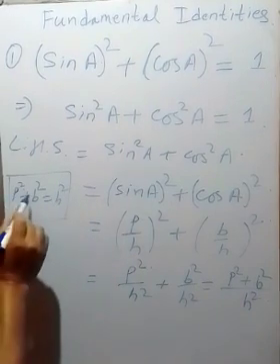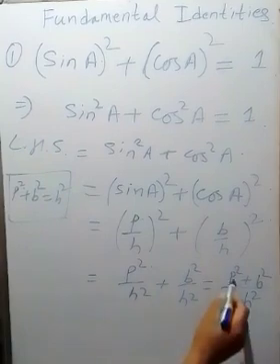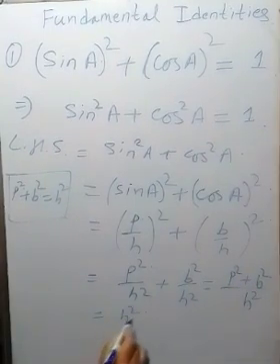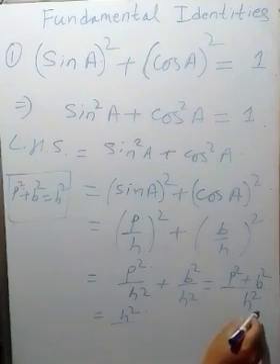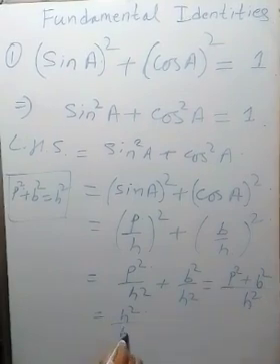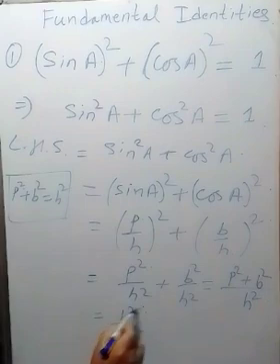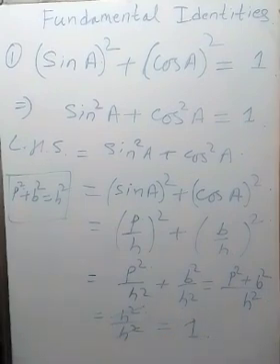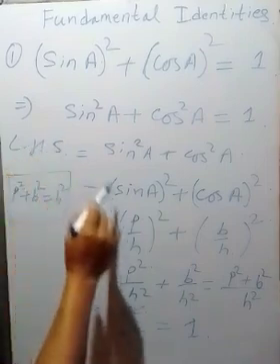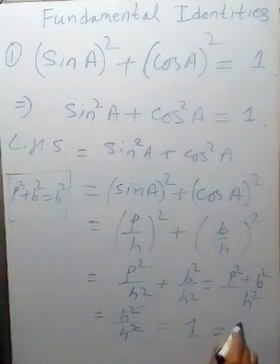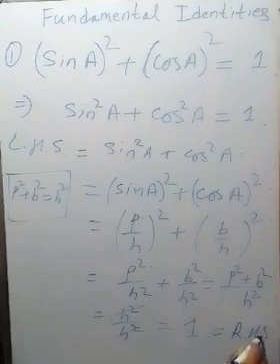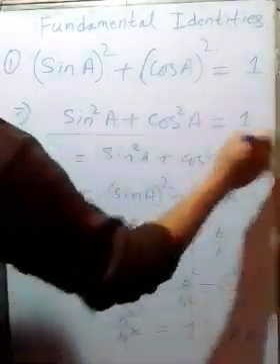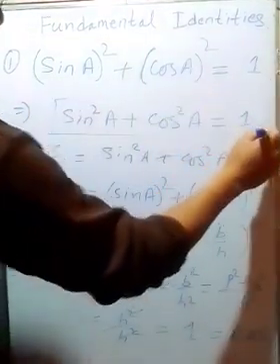So now P square plus B square means what? H square. So here P square plus B square, you can write down H square. And there is already another H square in denominator. Now H square can be cancelled. So there will be 1. That means now this left hand side will be equal to the right hand side, RHS. Clear? So you have to remember this is the formula first.